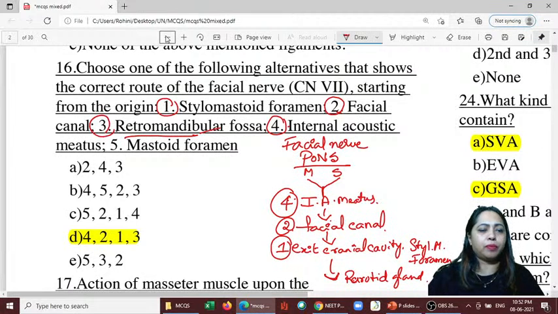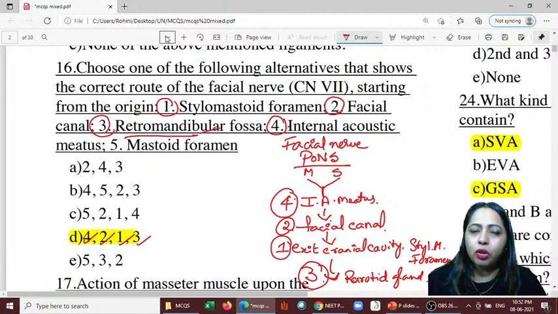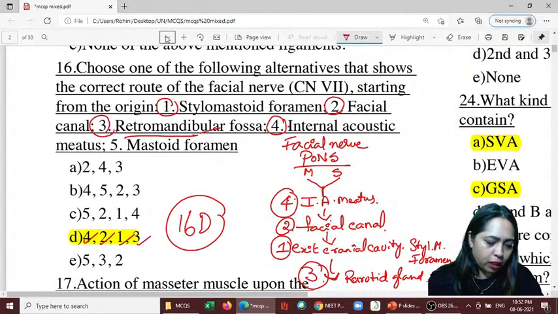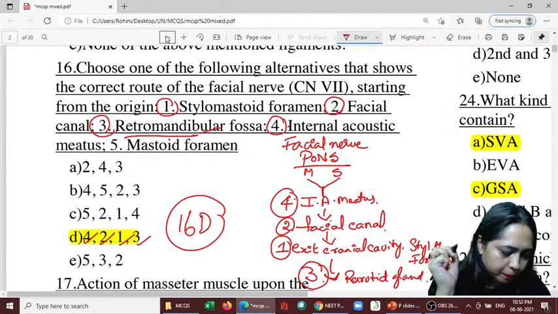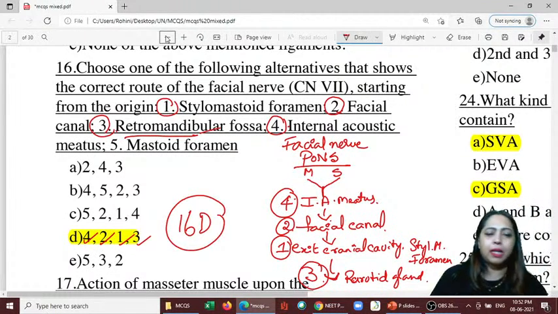That is 3. So here the answer is 4, 2, 1, 3. So the answer is 16D. All right. Next one.